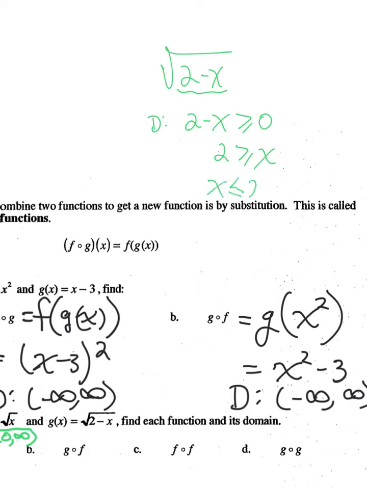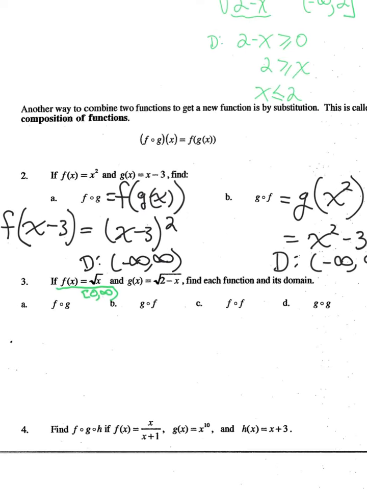X is less than or equal to 2. I think this looks easier in interval notation. So x can be a small number. Actually it can go all the way to negative infinity. It goes up to and including 2. So I want the values that are smaller than 2. Okay, so there's my domain restrictions for g of x.